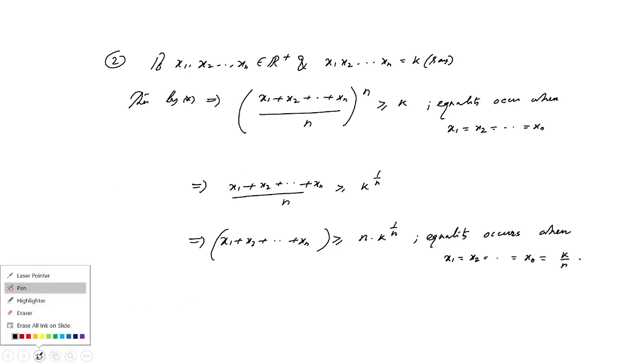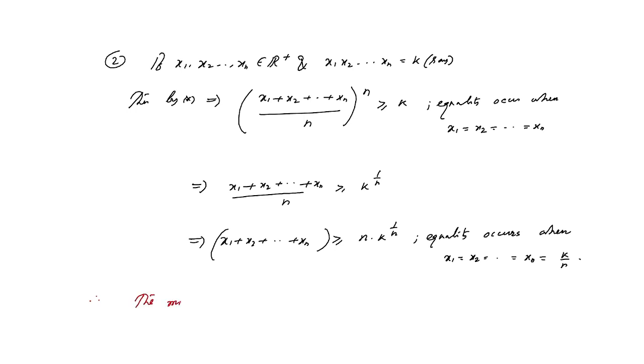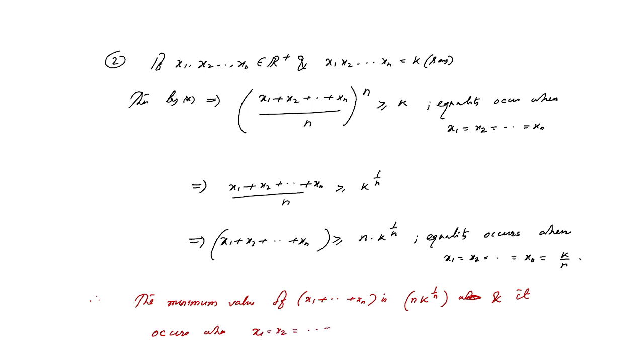so that means এখান থেকে আমরা কি conclusion করতে পারি? So our conclusion is, therefore the minimum value or least value, the minimum value of that summation x1 plus xn is n k to the power 1 by n, and it occurs when x1 equals x2 dot dot xn.